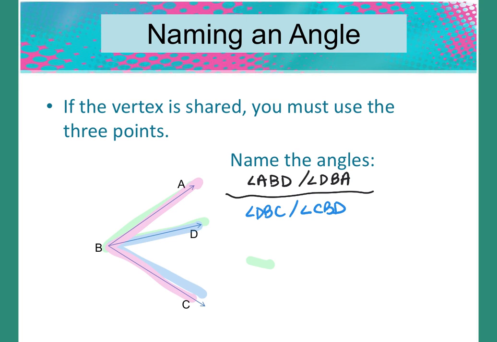That's the same angle. And then you've got the big one, angle ABC or angle CBA. So we can no longer use the single vertex B because that vertex is shared by more than one angle.